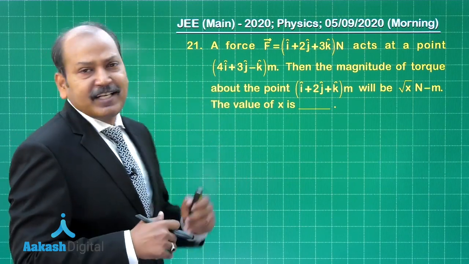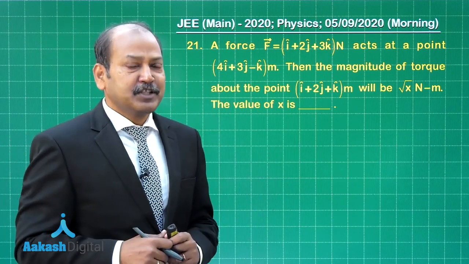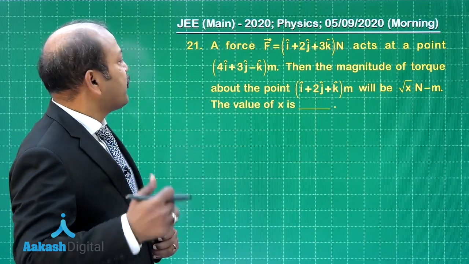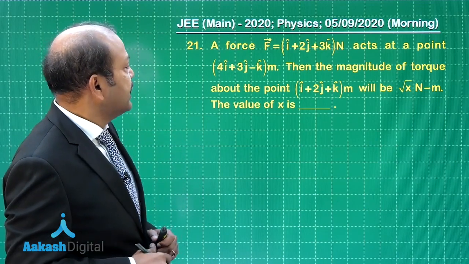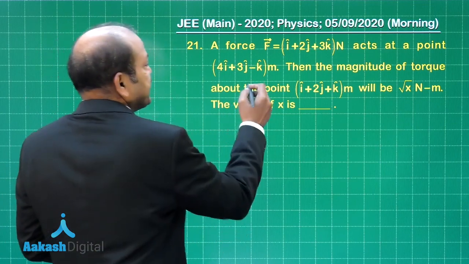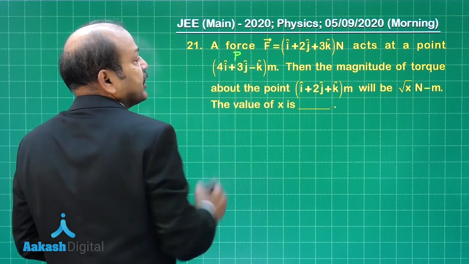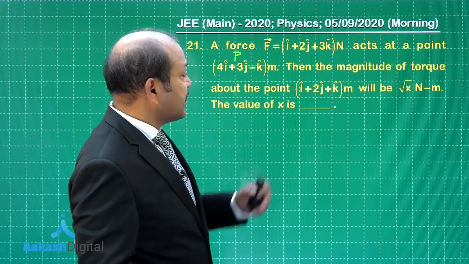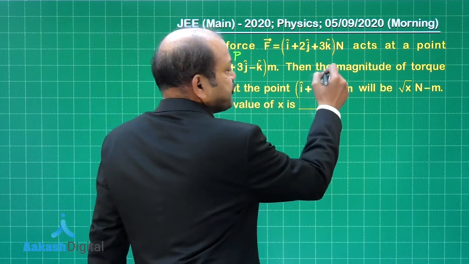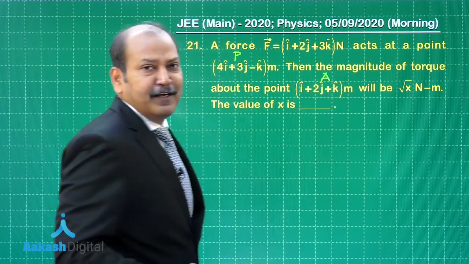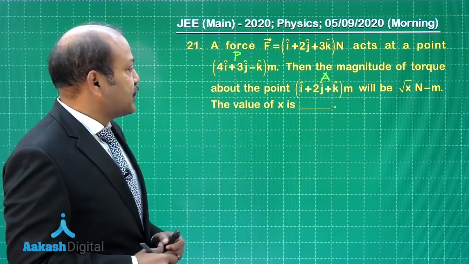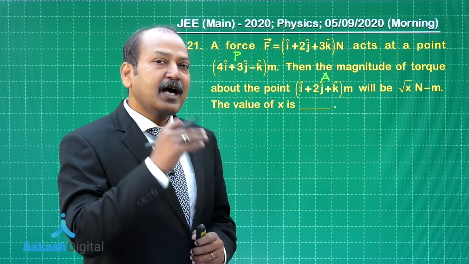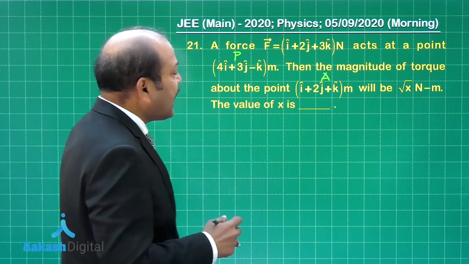Now, the question is relating to torque about a point. So, what we are interested in, of course, let us give these points some name. Say this is point P, let us call this point P where the force F is acting, and we have to find the torque about this point. Let us call this point as A. So, the expression for torque about a point is, torque is equal to R cross F. What is the R vector?